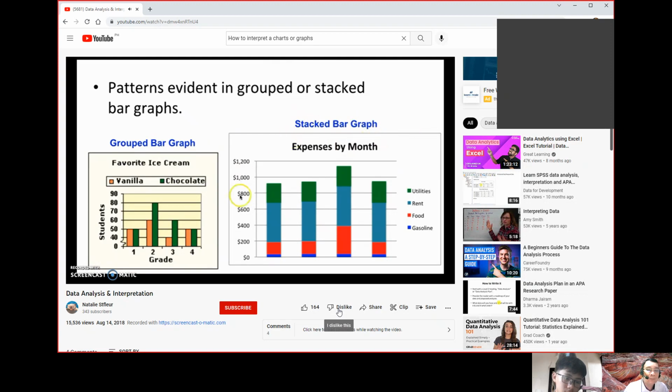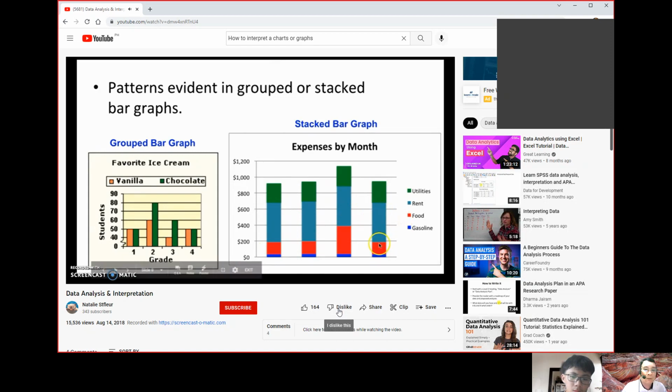If we look at the stacked example, which shows expenses by month, we can utilize this bar graph to identify the following pattern. As you notice, each month, the person who this bar graph is representing spent more money each month on rent than any other expense.